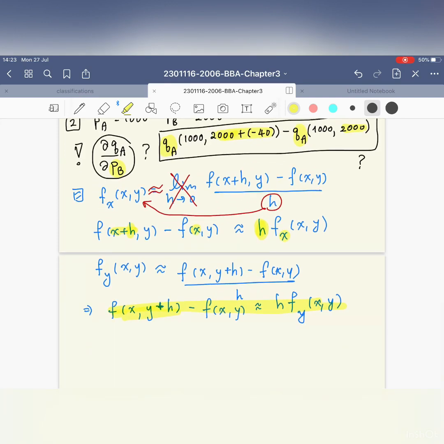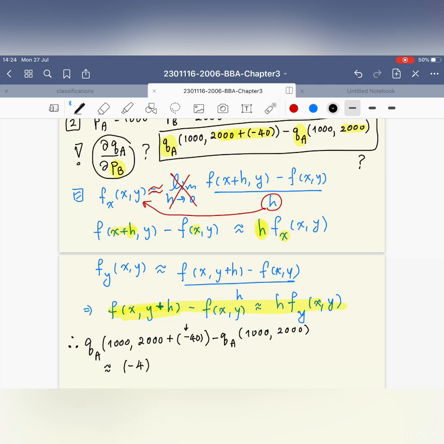Let me write down again the QA at 1000 and 2000 minus 40. It is negative because you are talking about decreasing, and comparing with the demand at 1000 and 2000, it can be approximated by your h, which is negative 40.